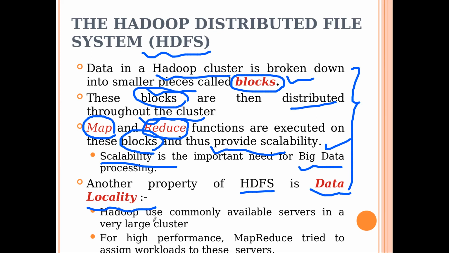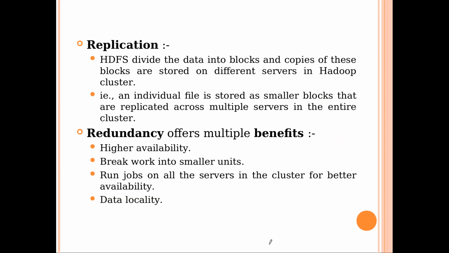That means it uses commonly available servers in a very large cluster. Data locality means the data that is stored on a local machine itself, that data will be processed. So for high performance, MapReduce tries to assign workloads to these local servers. That is why the feature is called data locality.